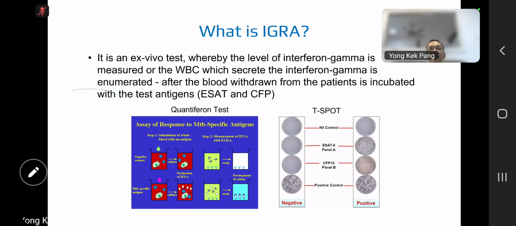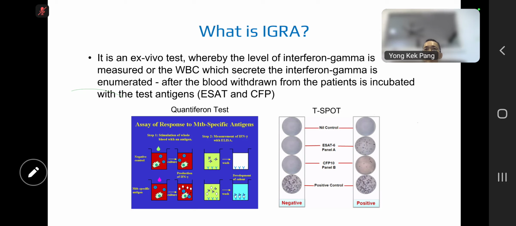into the patients. Whereas this one, you just draw the blood and the blood of the patient is tested against the Mycobacterium antigen outside the body. So the blood is incubated with the TB antigens.